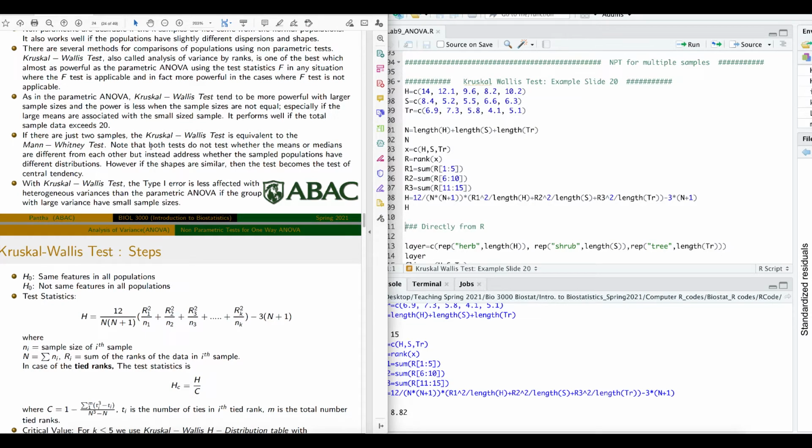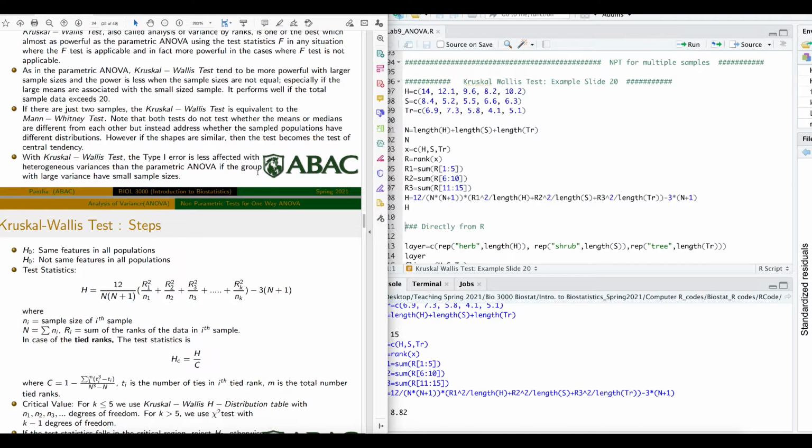Note that both tests do not test whether the means or medians are different from each other, but instead address whether the sample populations have different distributions. However, if the shapes are similar, then the test becomes a test of central tendency. With the Kruskal Wallis test, the type 1 error is less affected by heterogeneous variance than the parametric ANOVA if the groups with large variance have small sample sizes.